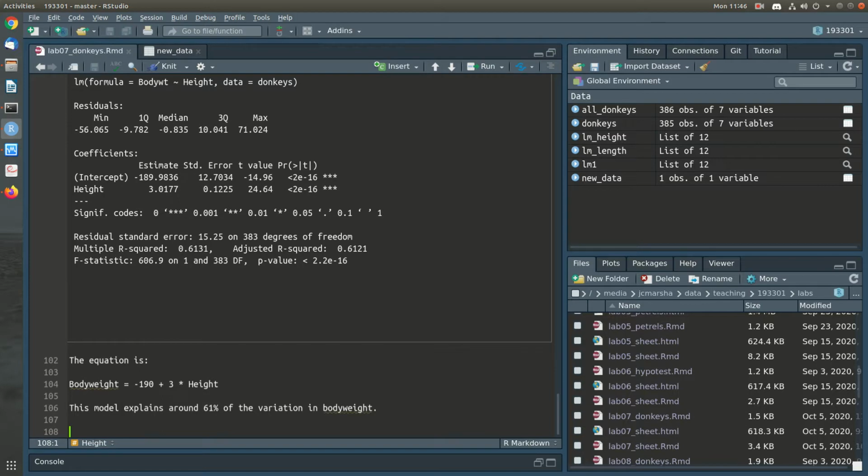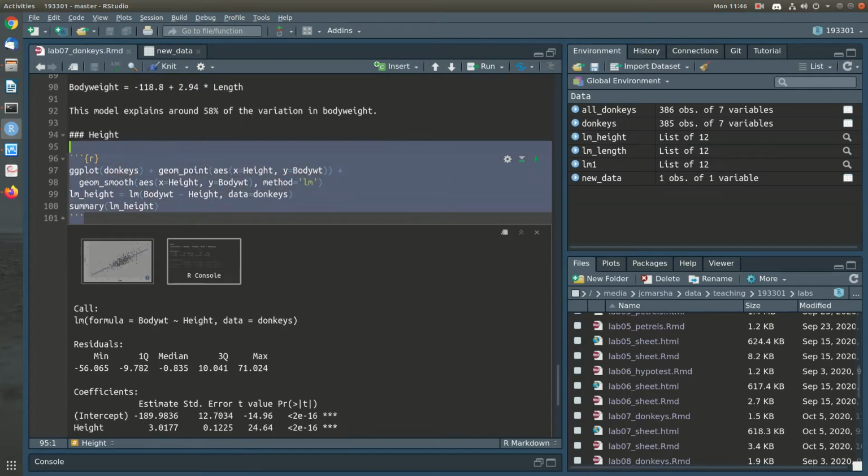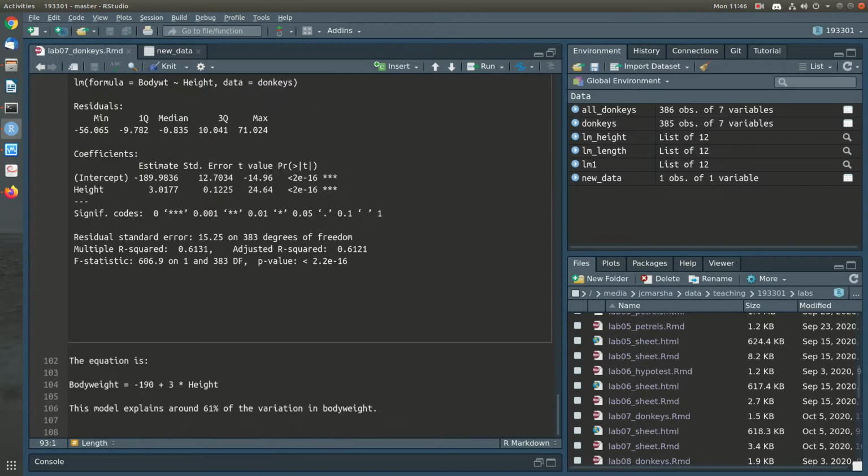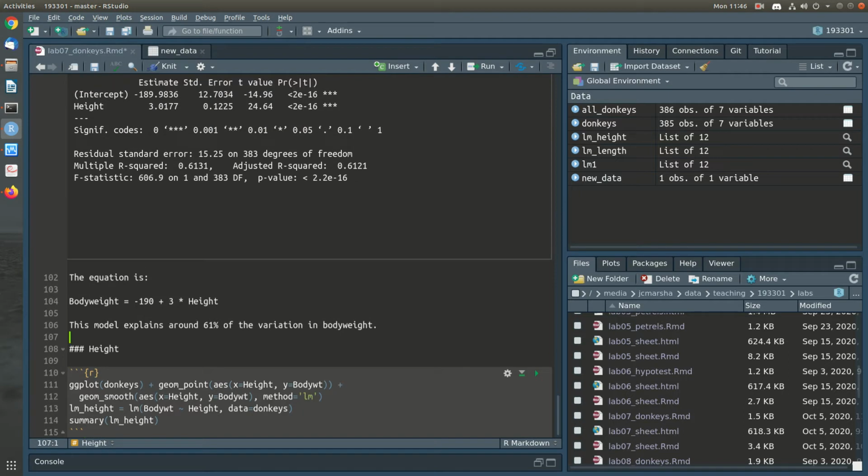Okay, and what about umbilical girth? Let's do that one as well. So we're going to go girth. Let's run that one.